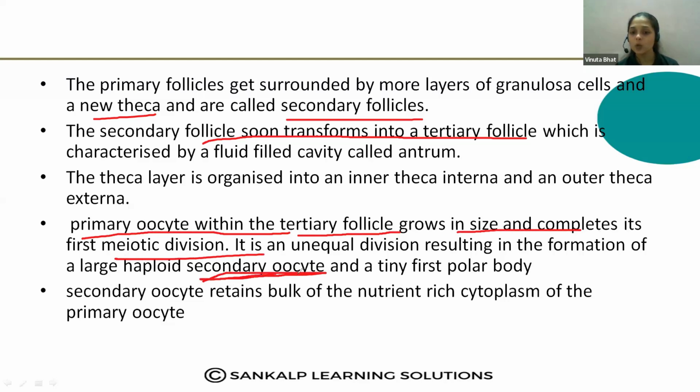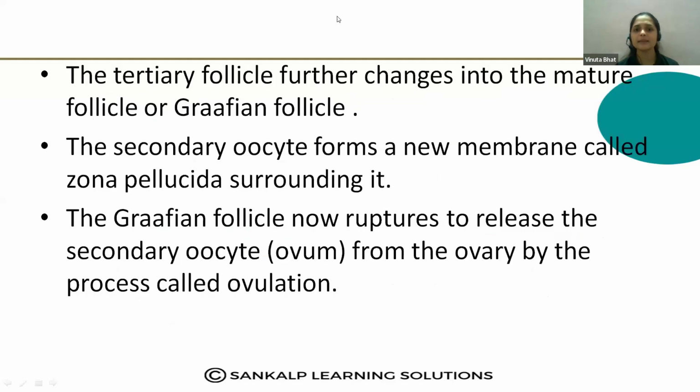Okay, the secondary oocyte and the polar body are produced, and the secondary oocyte ruptures the Graafian follicle and releases the ovum. And this secondary oocyte forms a layer around it, that is called the zona pellucida. Remember this, zona pellucida, very important.